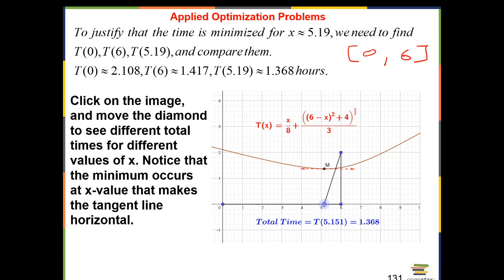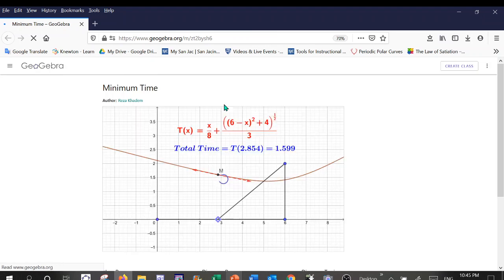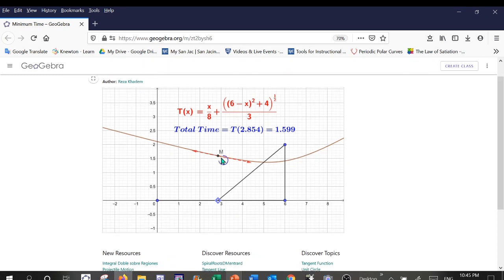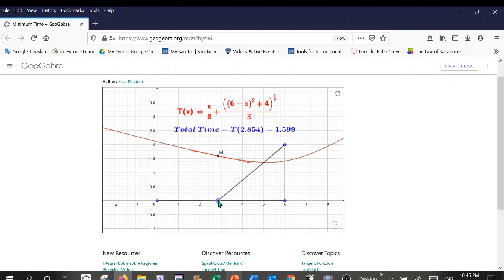And now I'm going to show you the animation of this thing. Right here. So let me, okay, here we go. So this is the point. You see I'm changing x.